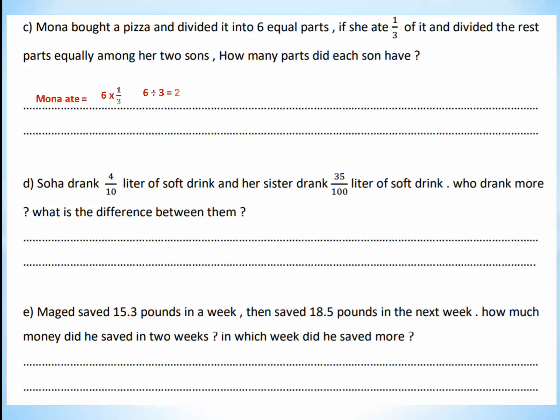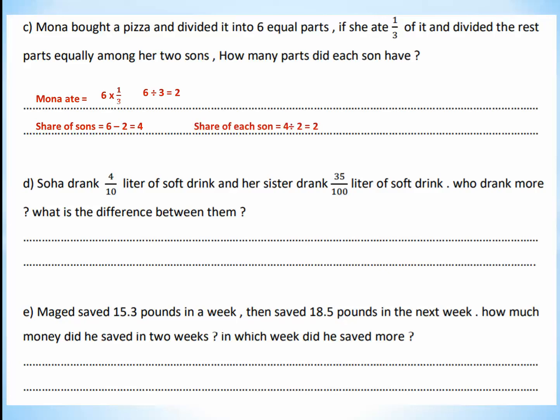So it will be 6 divided by 3 equal 2. Mona ate 2 parts. And the rest will be the share of the sons, 6 minus 2 equal 4. And the share of each son, how many sons do we have? We have 2. So we are going to divide 4 parts divided by 2 equal 2.